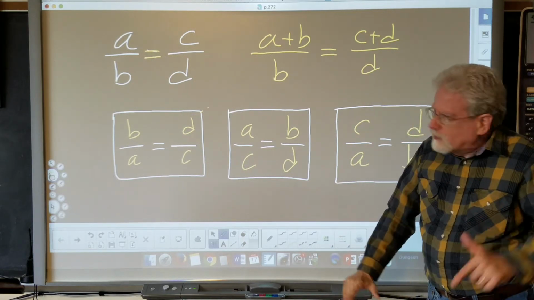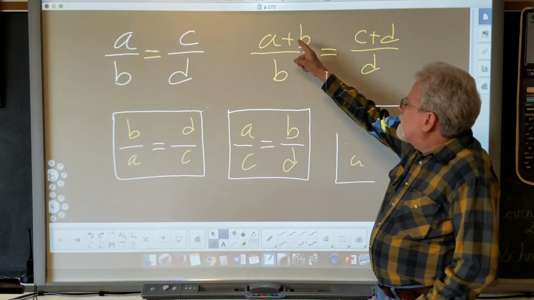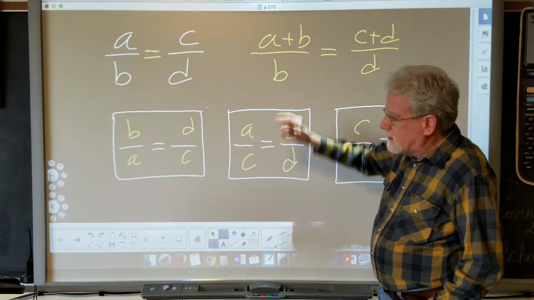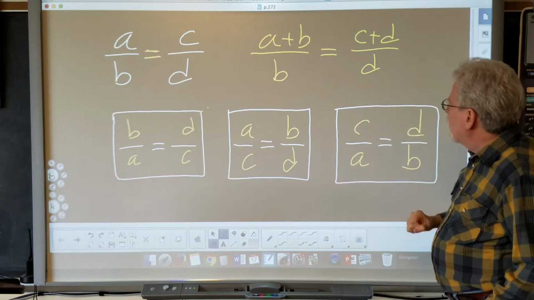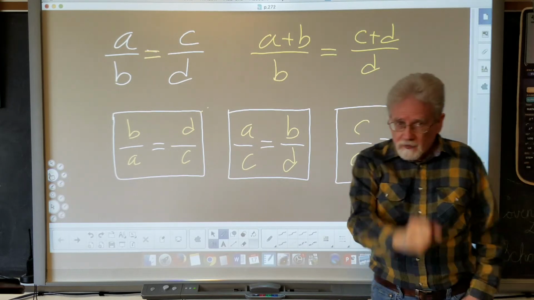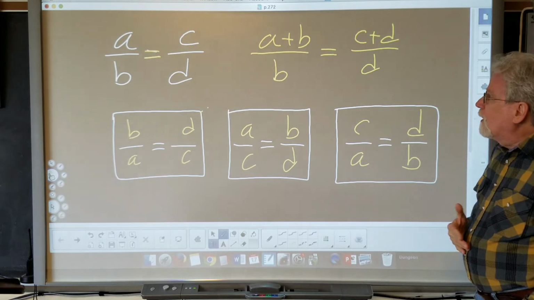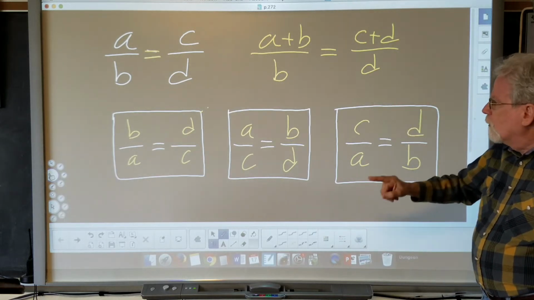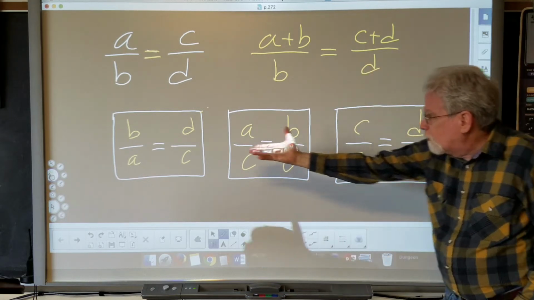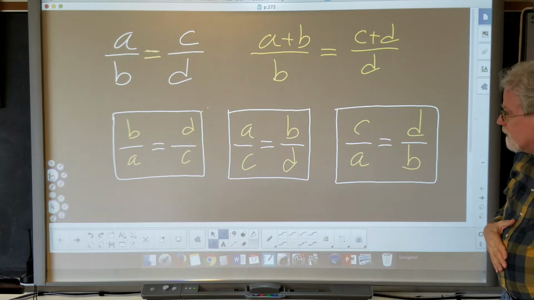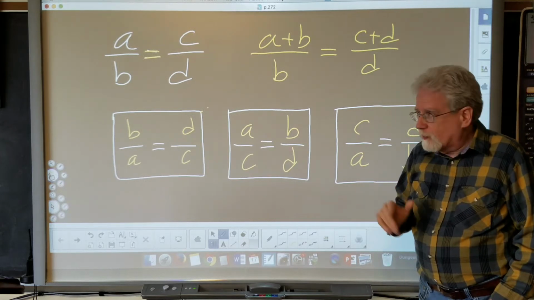Well, as we discussed in class, because I'm really not adding B to one side and D to the other. I'm actually adding B over B to the left side and D over D to the right side. I'm actually adding 1 to both sides of the fraction. That's why that works. And that could have been inserted as one of your three answers down here. Although very rarely does anyone do that. But you could, and it would be full credit.